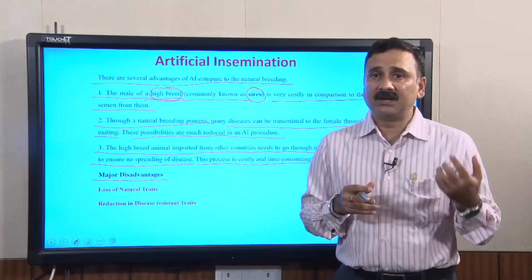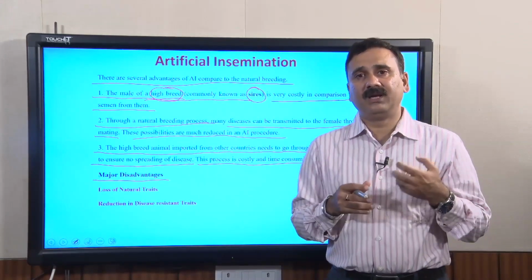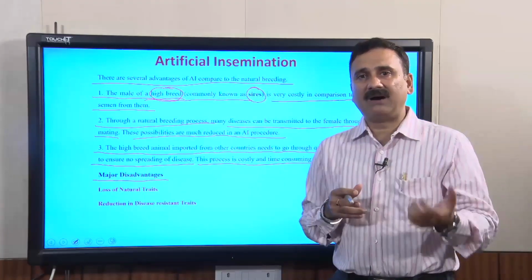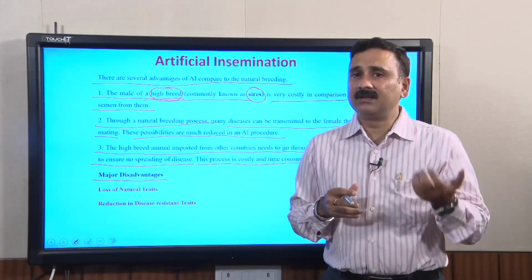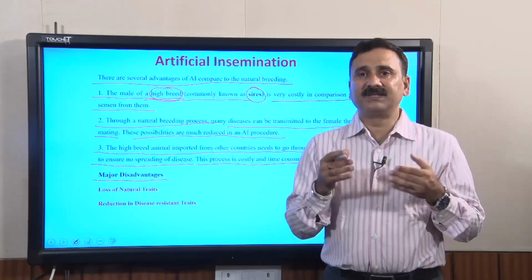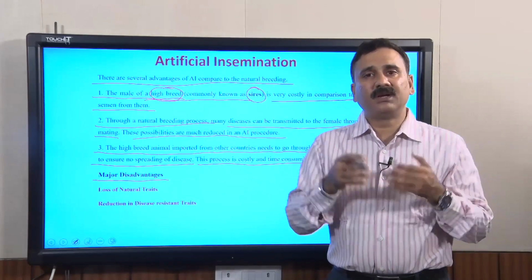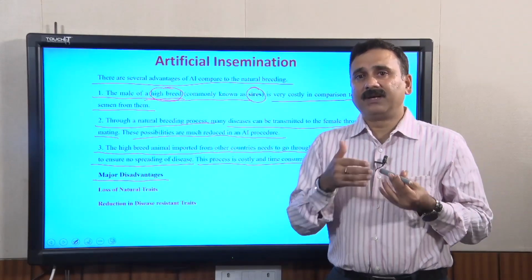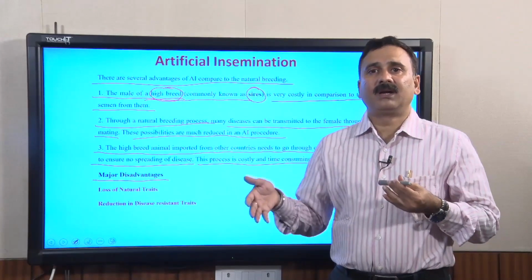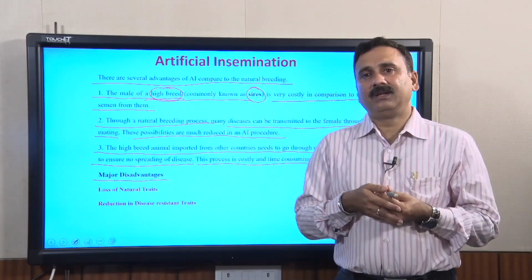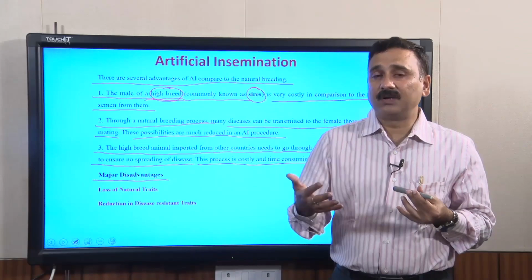So, they are good in terms of food and milk production, they may be good in terms of their power, they may be good in many other traits, but they may not be very good in terms of sustaining the infectious organisms they are going to get in this environment. Because these animals have never been kept in a tropical country like India, they have never been acclimatized to these diseases.